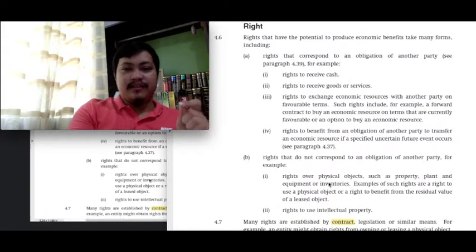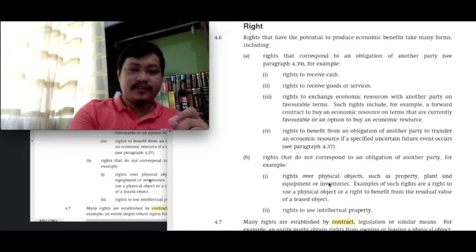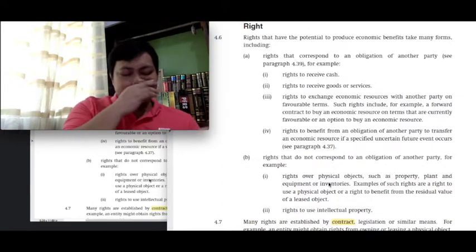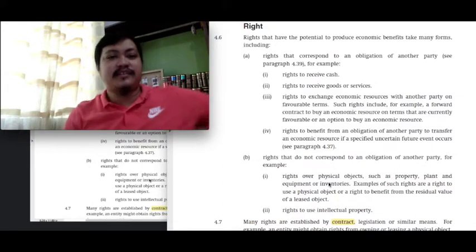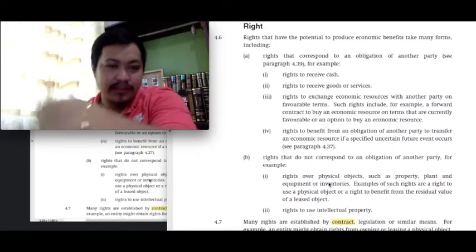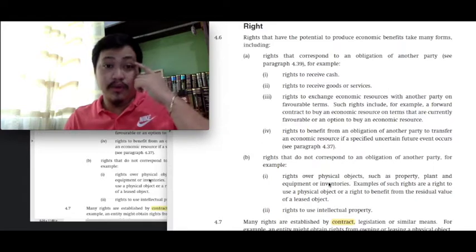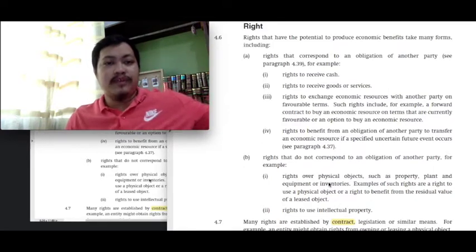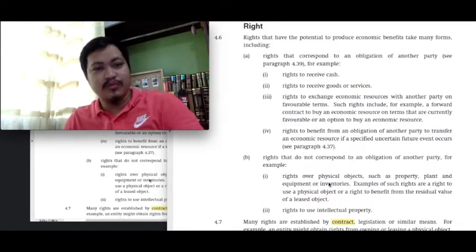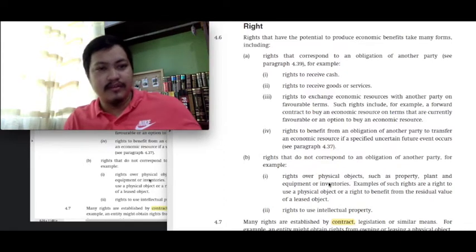You obtain the right to receive goods or services because of the advance payment that you've made. Now, what if you have an existing supplier? You have a committed relationship with your supplier, and you have already agreed that there will be a delivery from your supplier to you next week. Let's just say next month.